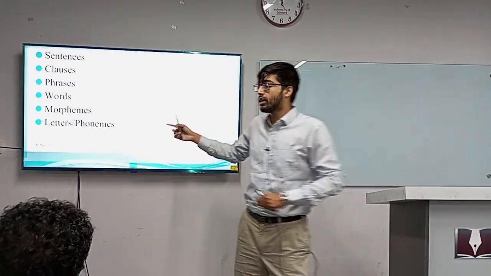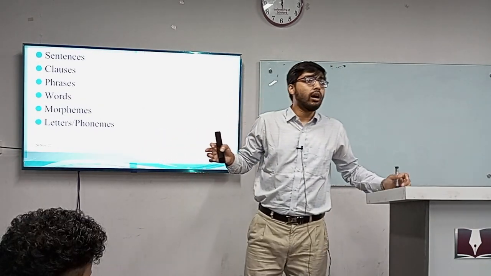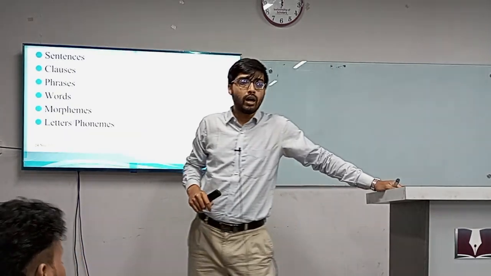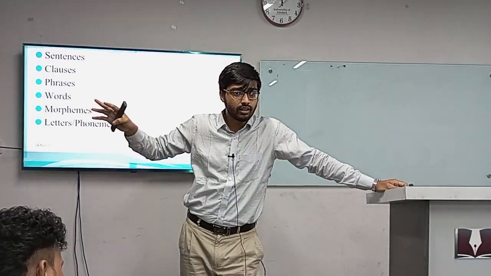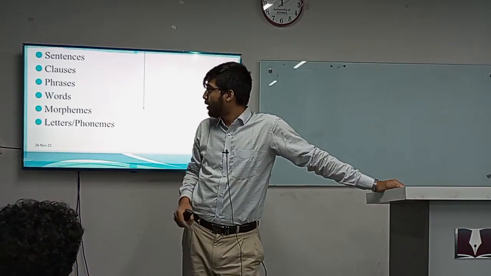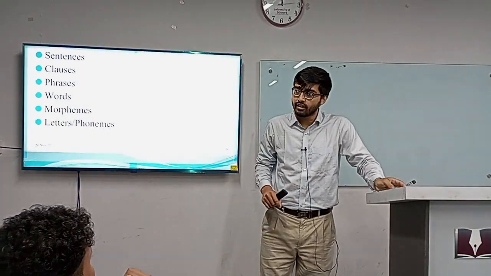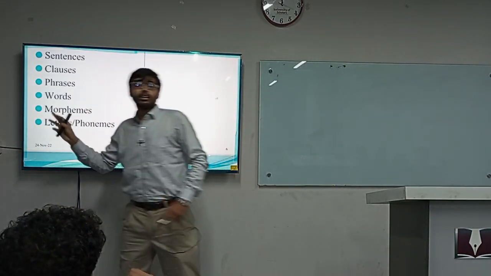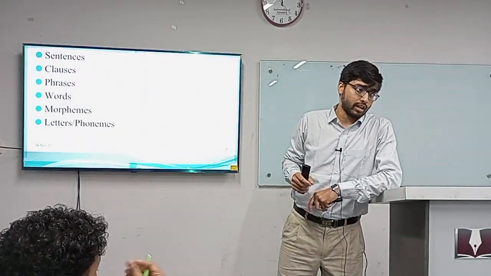Phonemes do not consist of any meaning. Ba, it's a sound, it's a phoneme. Does ba mean anything in English? No, sir. But if we say the morpheme cat, does that mean anything? Yes, sir. That means it is a morpheme, a meaningful unit of a sound.